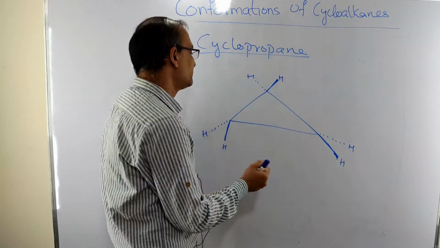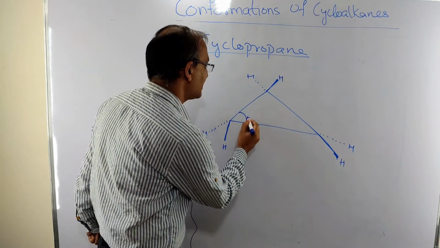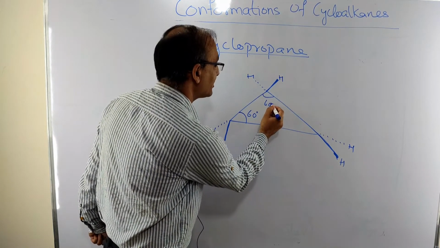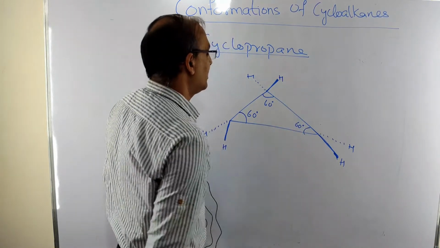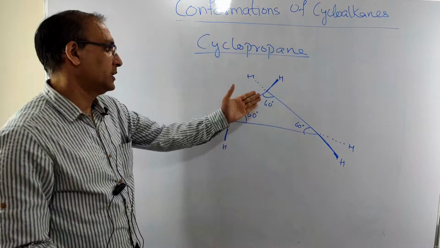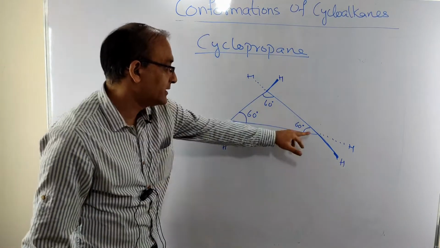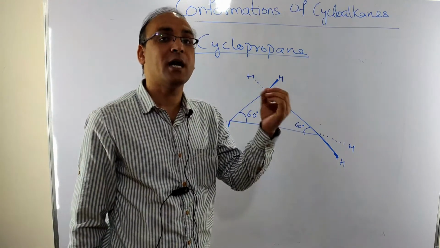Okay, so what's the bond angle? The angle will be 60 degrees. This also will be 60 degrees. It's an equilateral triangle, so this angle has to be 60 degrees. Now, this carbon, and this carbon, all 3 of them are sp3 hybridized.